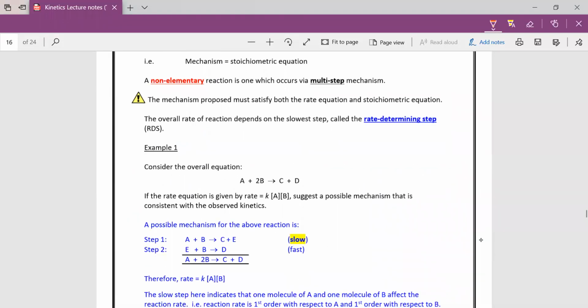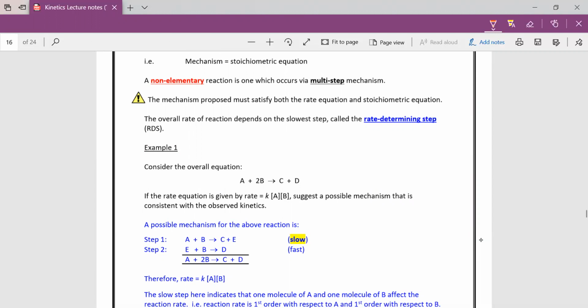Okay, let's look at this first example. Consider this overall equation: A plus 2B gives you C plus D. If the rate equation is given as rate equals k times concentration of A times concentration of B, suggest a possible mechanism that is consistent with the observed kinetics.